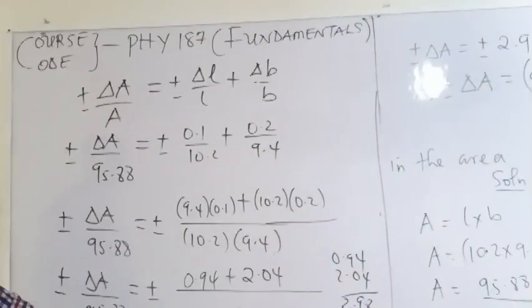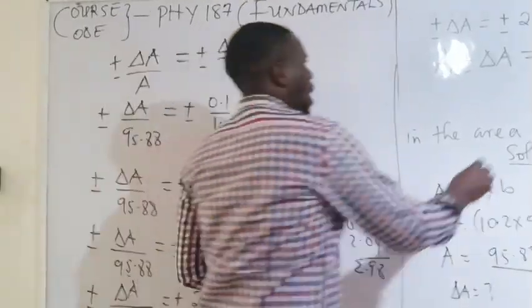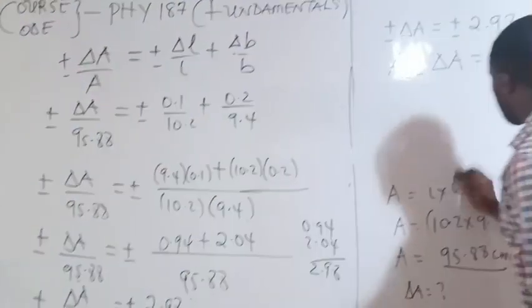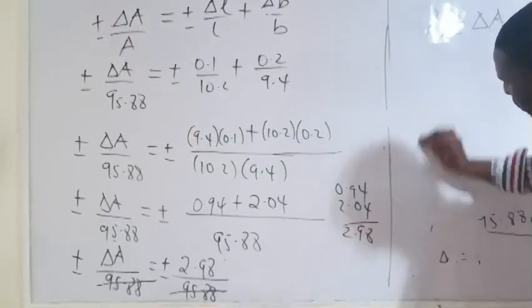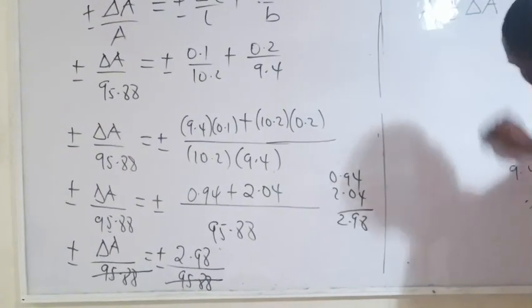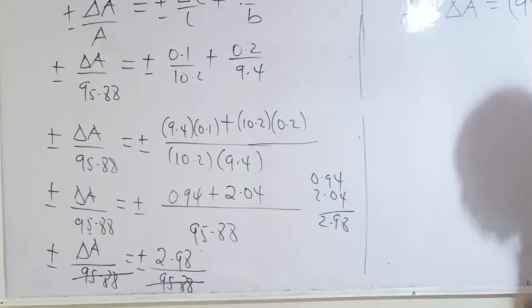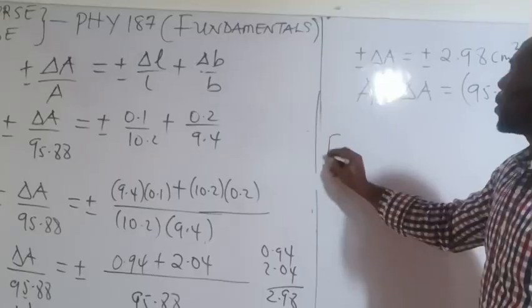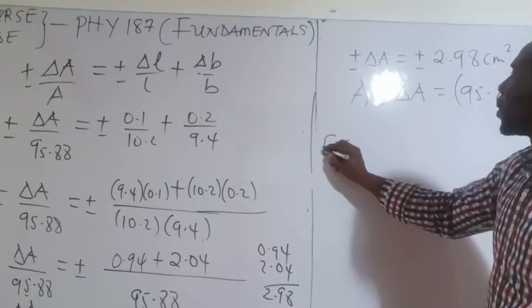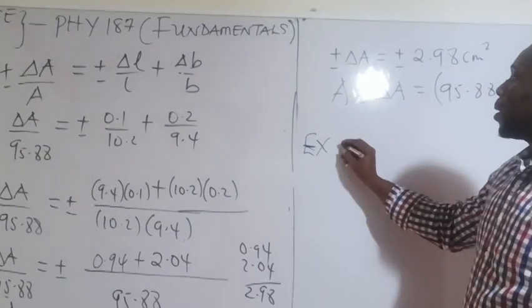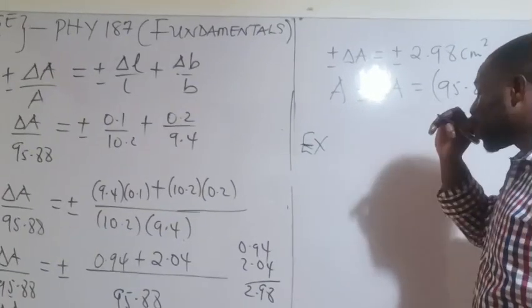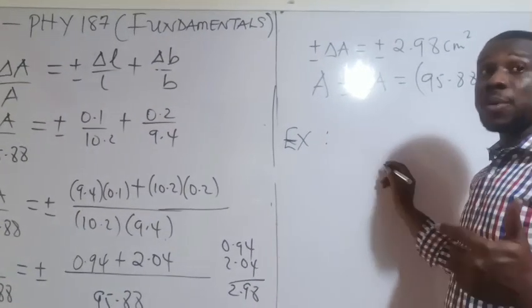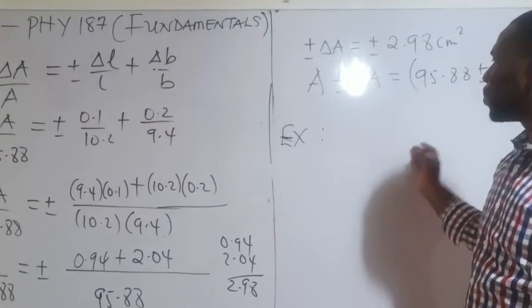Now, you may need to beam this for a while. I will move on now to the next question, that is error in quotient, and lastly we'll talk about error in powers. So I take another example. Let's take for instance that we have to determine the time period of a simple pendulum.